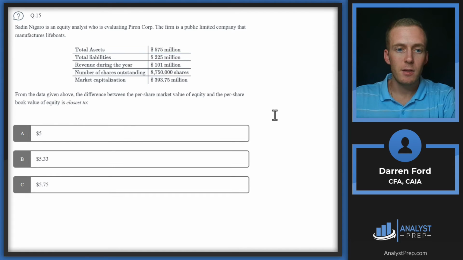Question 15. Sadine Nagaro is an equity analyst who is evaluating Pyron Corporation. The firm is a public limited company that manufactures lifeboats. So we've got some financial information on them here: total assets, total liabilities, revenue, number of shares outstanding, and market cap.